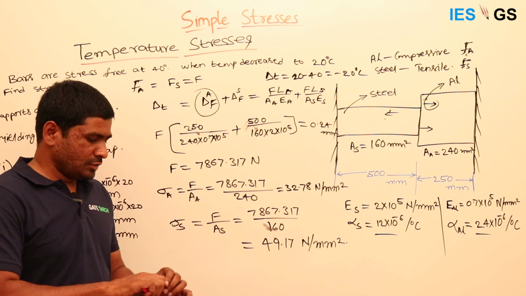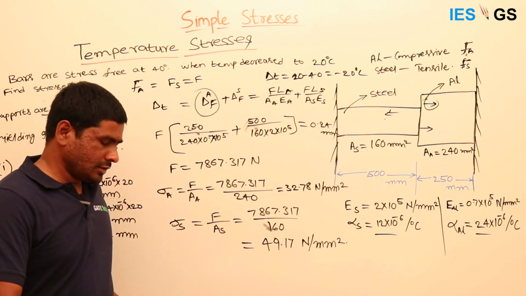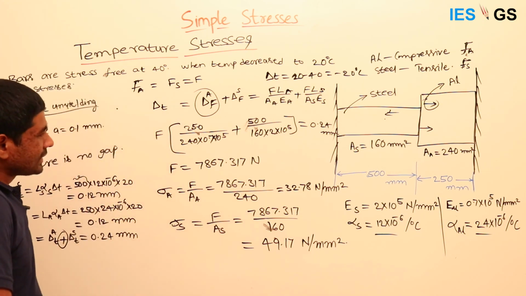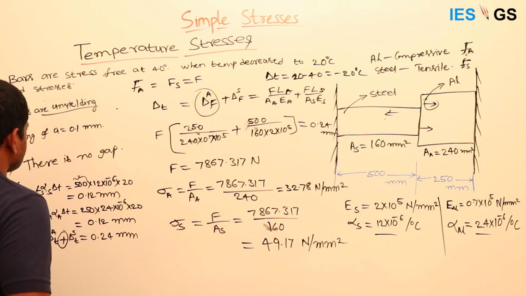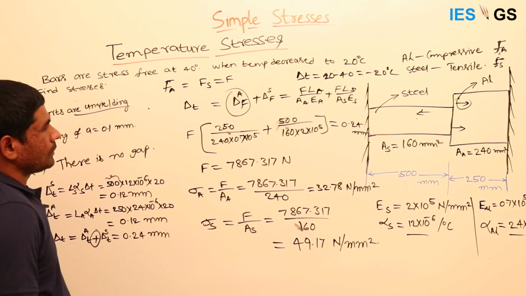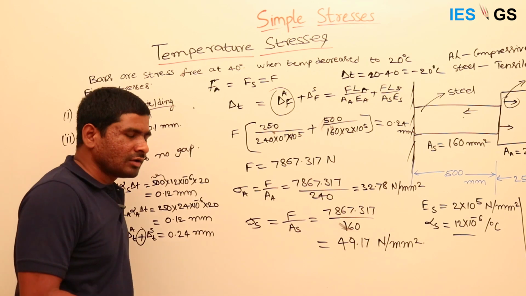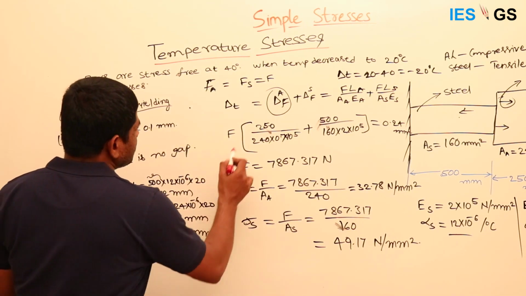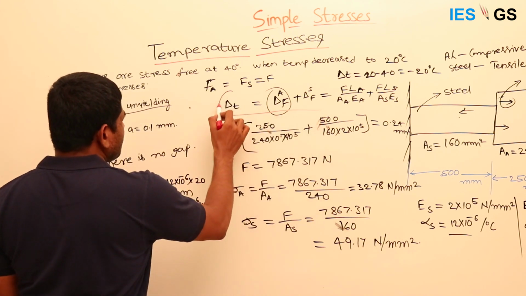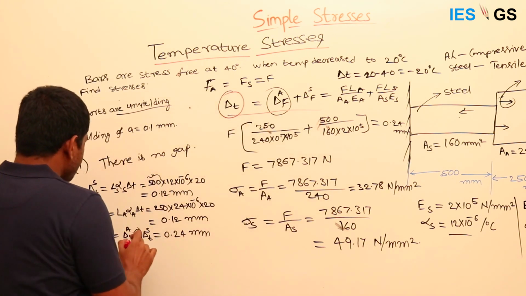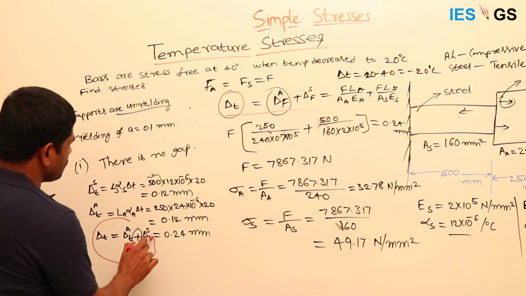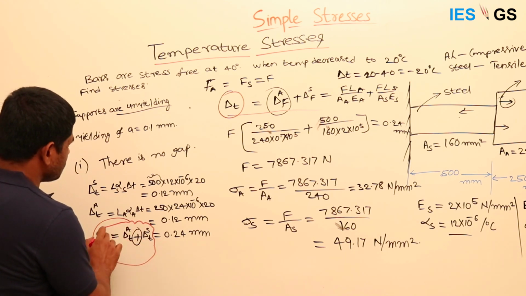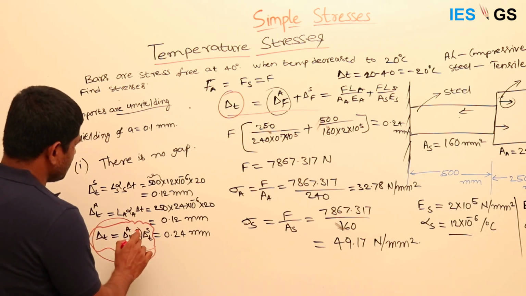Let me quickly go through what we have done here. Whatever formula we derived in the theory, we are using the same thing. This is the formula. But here you might be wondering why we are adding these two. This is the only point where it may confuse you. Why are you adding?